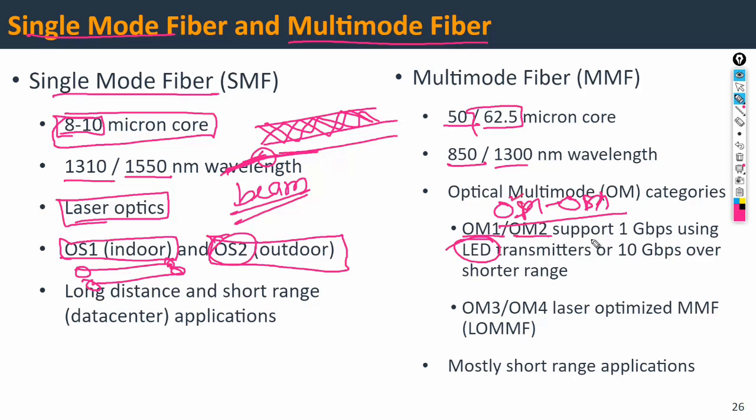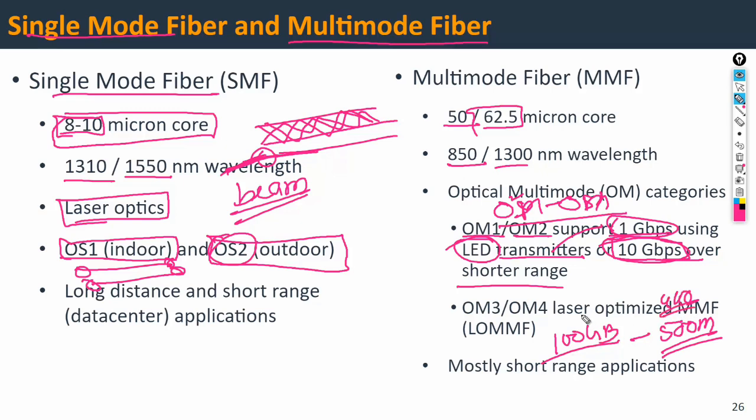OM1 and OM2 support 1 Gbps using the LED transmitter, and 10 Gbps over the shorter range. If you want to send data over a longer distance, use 1 Gbps and 10 Gbps. It can transfer data at approximately 100 Gbps but not more than 500 meters, or I think 440 meters, and this is for 1 to 10 kilometers. Perfect, it can be used. Okay.